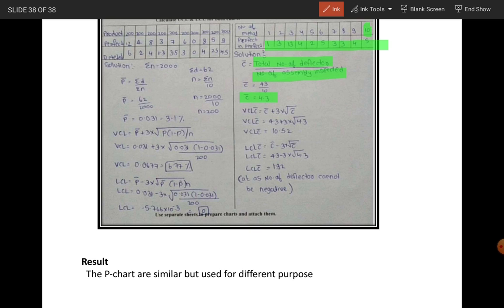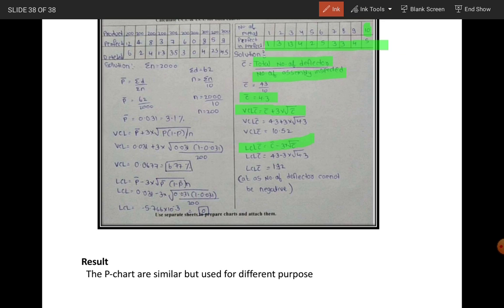The UCL, the upper control limit, of this C bar has the only difference of plus sign and minus sign. See, C bar plus 3 multiplied by the square root of C bar, and the lower control limit is C bar minus 3 into the square root of C bar.